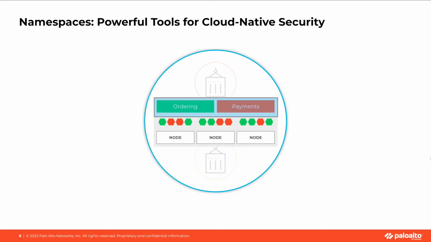However, doing so requires knowing the internal state of objects such as namespaces, pods, and containers. Because that information is not available outside of the environment, the only effective solution is to take the security solution inside the Kubernetes walls, which is exactly what we've done with CN-Series.